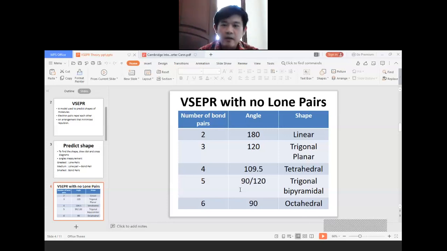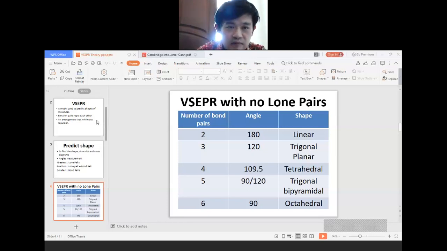Okay, and then five bond pairs without lone pair is called triangular bipyramidal, or called trigonal bipyramidal. Okay, on page 60 the shape of the molecule is also drawn.